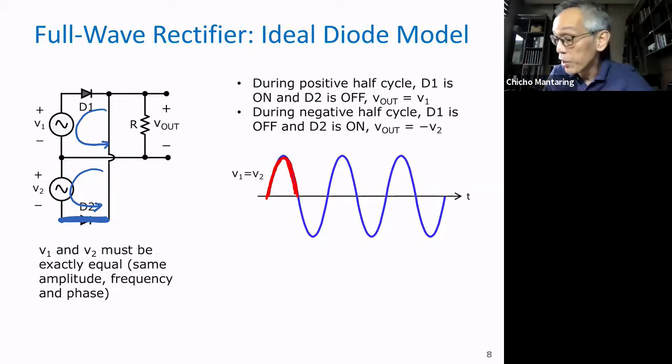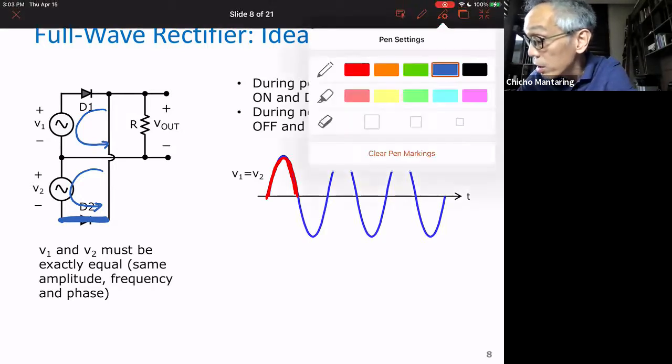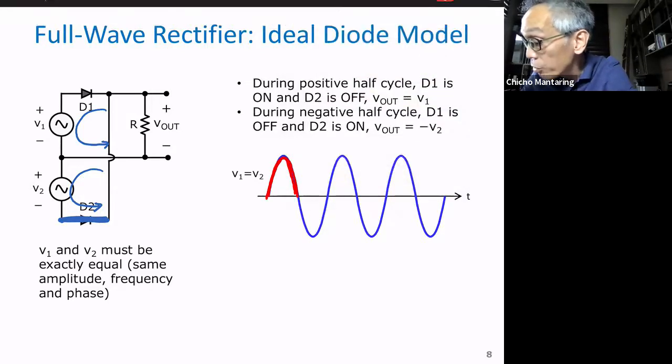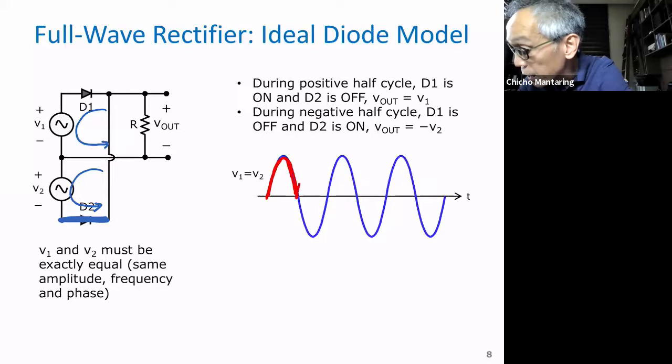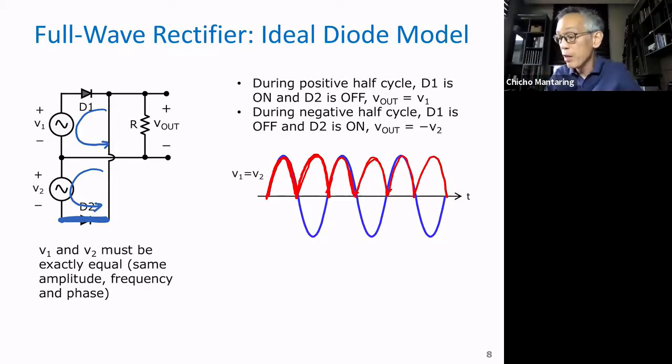So ano yung magiging itsura ng V out kung ganon? No? Magiging itsura ng V out would be the negative of V2 pag ganito. Again, positive half cycle, it's equal to V1. Negative half cycle, it is the negative of V2. So that is your full wave rectifier.